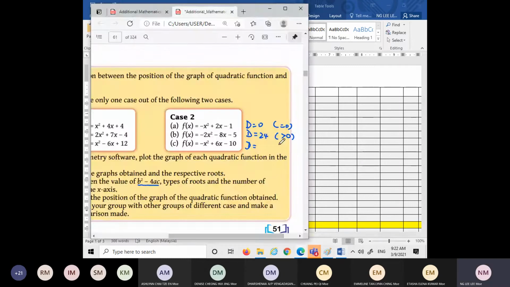Okay, Farha, can you do case 2C? 76. Something is wrong. I don't know whether B is wrong or C is wrong. One will be negative.